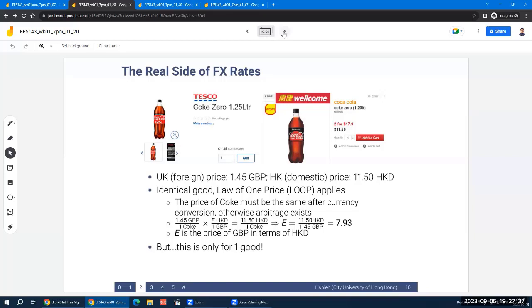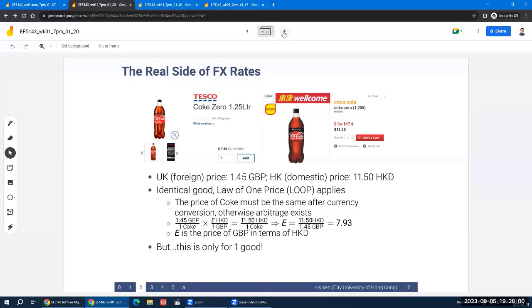So I have here a bottle of Coke Zero, 1.25 liters. At the time of making this slide, it cost 1.45 pounds sterling. The pound symbol is pound sterling, British pounds. That's on the left-hand side.